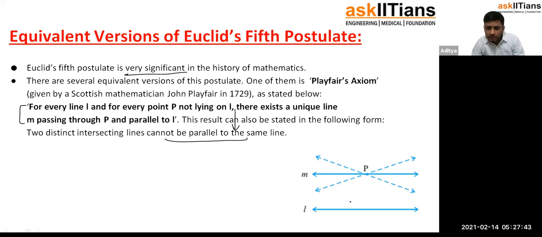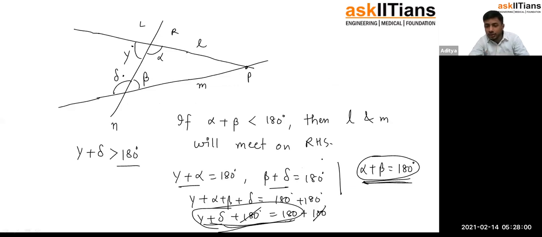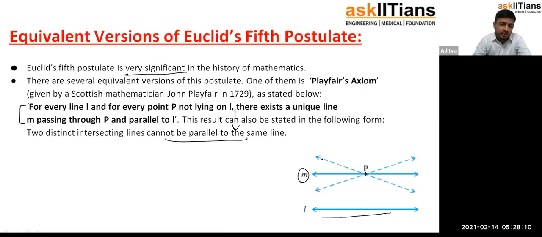What does it say? That if there is a line L and there is a point P, then there will be a unique line M which will pass through P and it will be parallel to the line L. So what we are saying here is that this discussion that we were having, how we can get an idea about parallel lines through the fifth postulate of Euclid, is actually being discussed there.